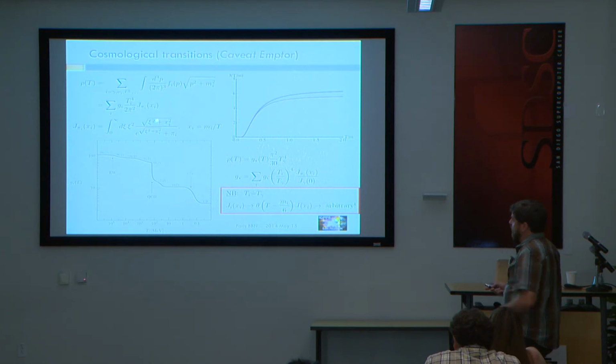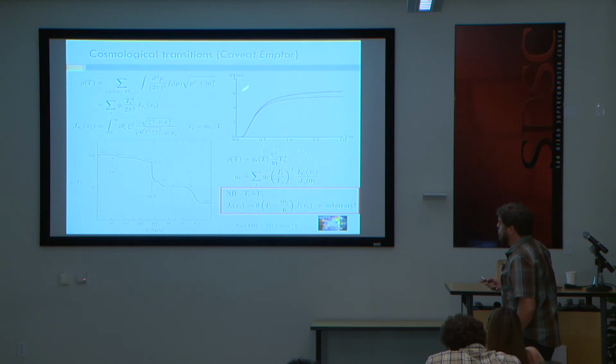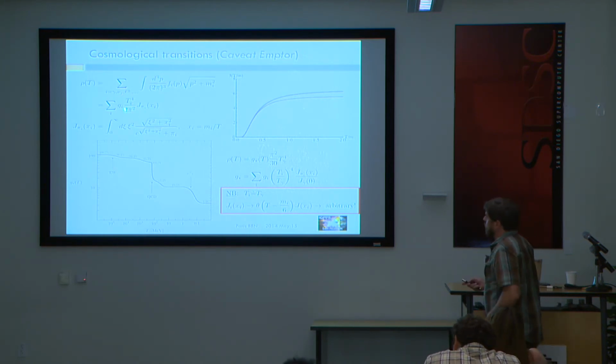And so I've written that, these are all assumed to be of arbitrary mass, but I've written that in terms of the relativistic expression times this factor. If mass is 0, then J of 0 is a constant. So this factor is for massless species.